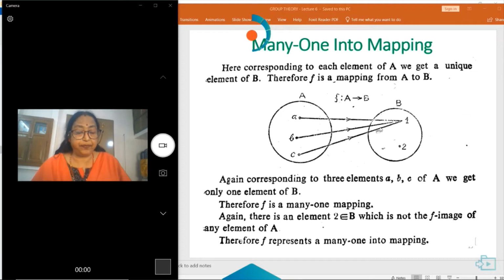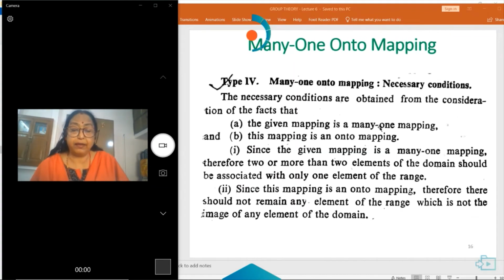But here the member 2 remains in B, which is not the image of any value of A. So in this case the mapping is many-one into, because many elements in A have the same image in B, and into because there is one element in B which is not an f image of elements of A. Similarly, many-one onto: there must not remain any element in B which is not the image of A. So we can see it here.